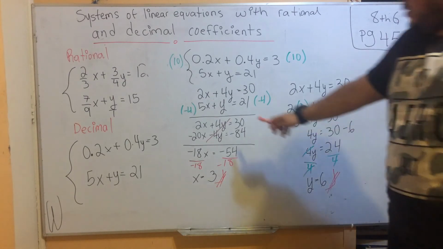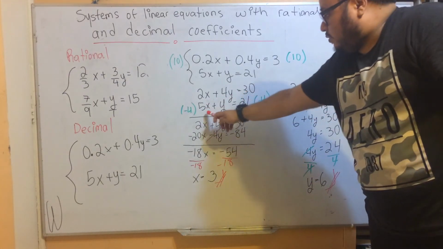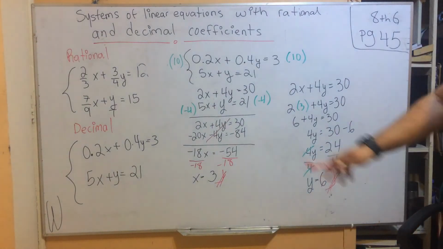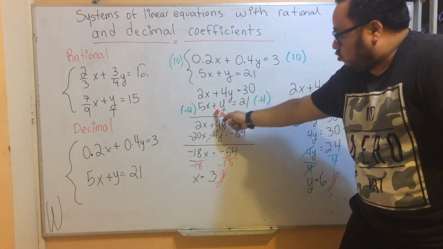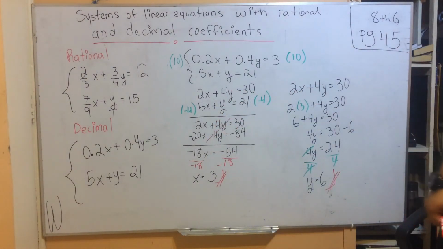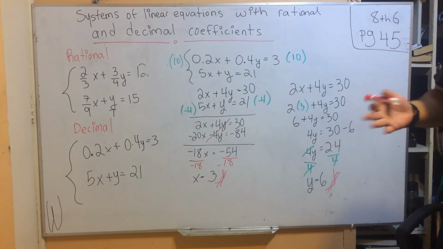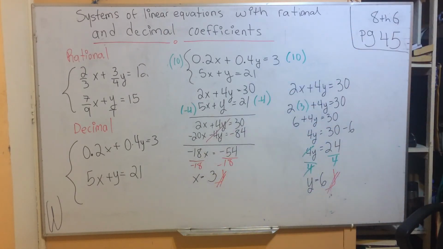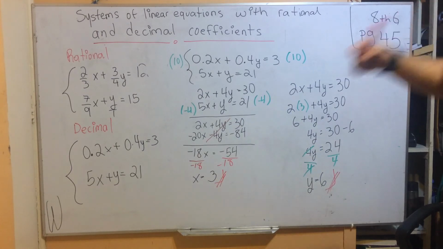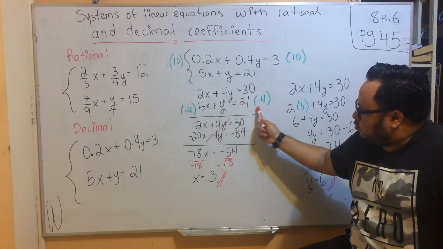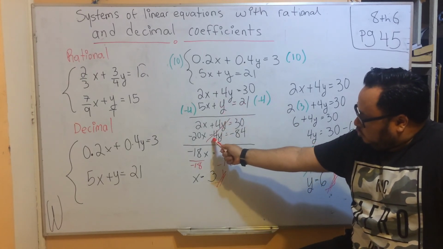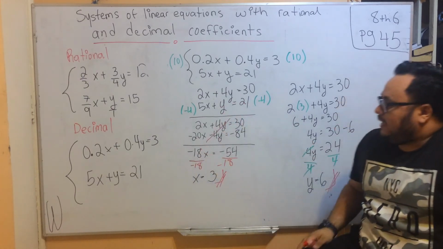Then we have this equation, and then we have the normal equation that we already had, the 5x plus y equals 21. Now when we have this, we're looking for a number to cancel the y, because here it was easy. We only had a y, and on top we had the 4. So why did we choose minus 4? So that when we multiply here, it's going to be minus 4y, and then we can cancel.